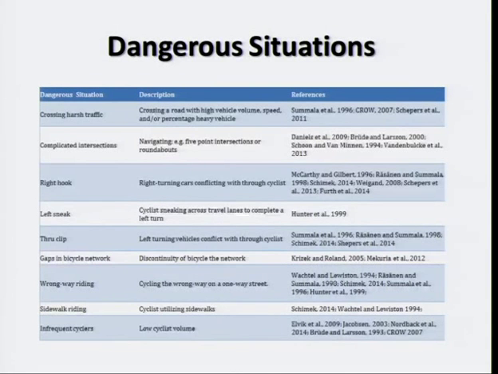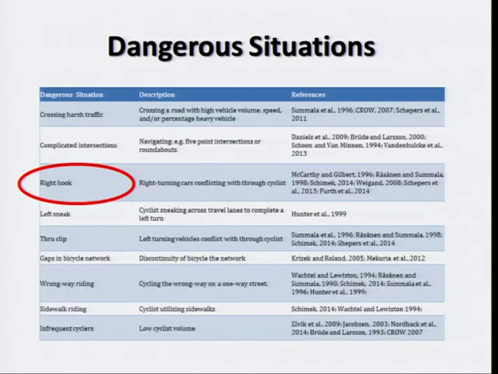So these are all dangerous situations. Some that maybe you've heard of before, the right hook. Who knows what a right hook is? It's when the bicyclist is continuing straight and a motorist to their left is making a right turn and turns over the bicyclist. Did everyone see that?